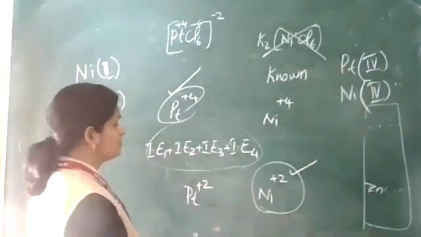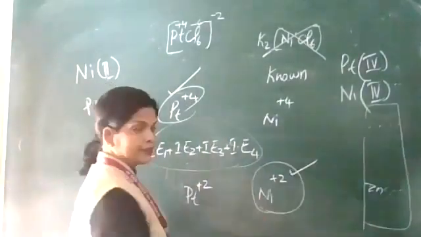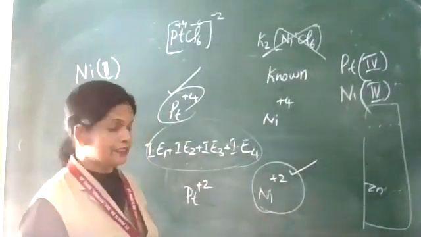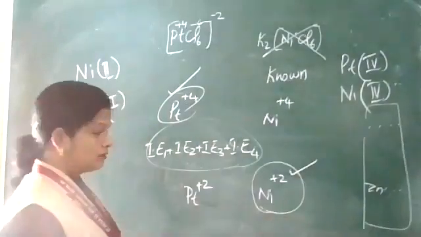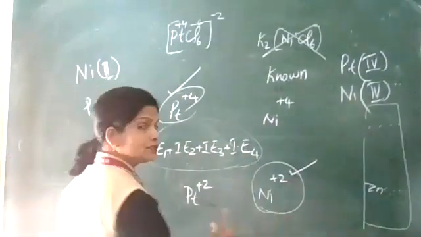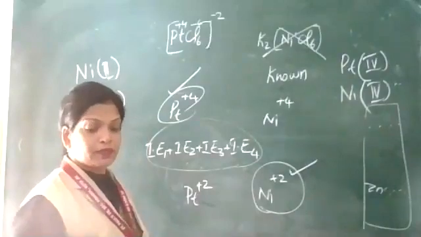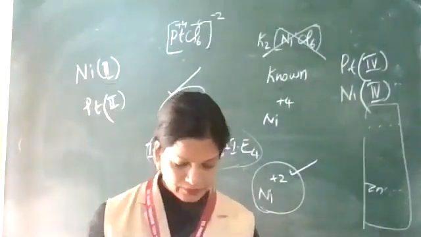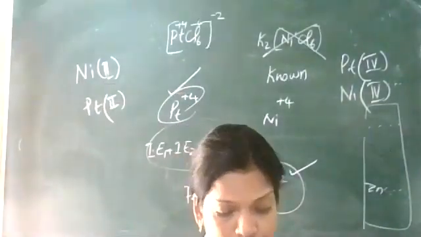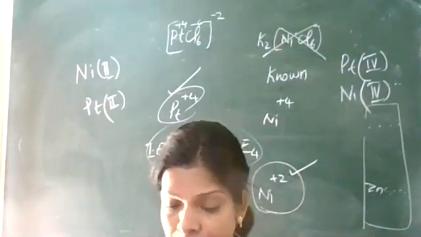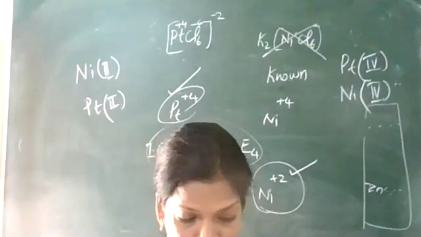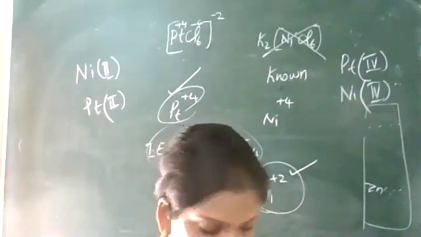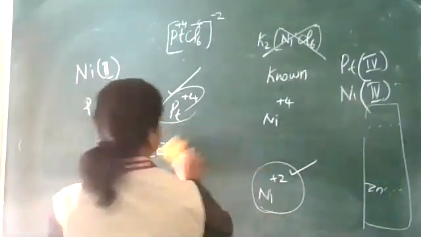Now coming to Pt2 plus and Ni2 plus, calculate IE1 plus IE2 for both. You will see nickel will be less and Pt will be higher. So that is about ionization enthalpy. Next, we are moving to the properties of these d block elements.